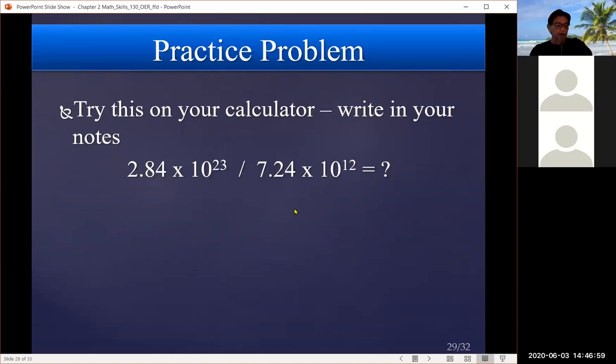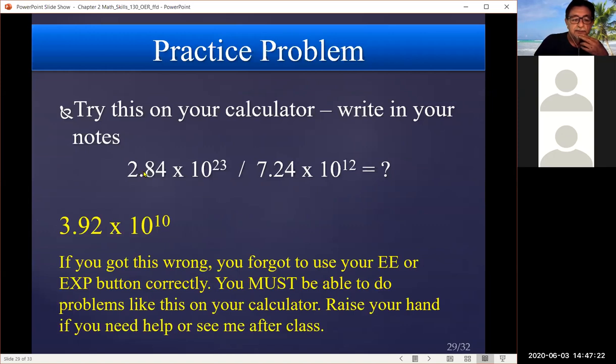You can try working on that practice one. You type in 2.84, then you hit your button times 10 to the 23rd power. In fact, let me see if I could, divide it by 7.24 times 10 to the 12th power. You should get 3.92 times 10 to the 10th power. Let me see if I can bring in my calculator there and we can do that one.